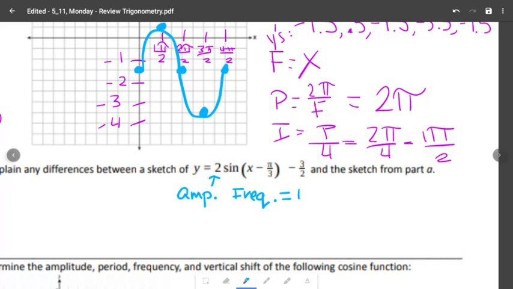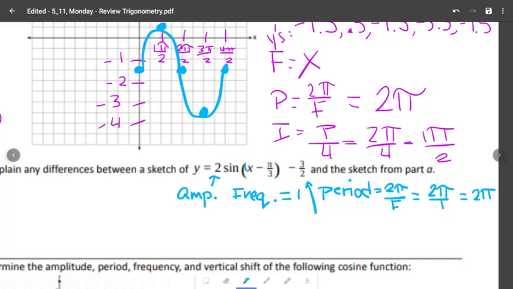Remember, if you don't see something in front of the x, there is a 1. That's where your frequency is located. Frequency we didn't have in the first one, but if I find the period right now, 2 pi divided by the frequency, 2 pi divided by 1, I get the same period that I had for the first one. So that's the same.